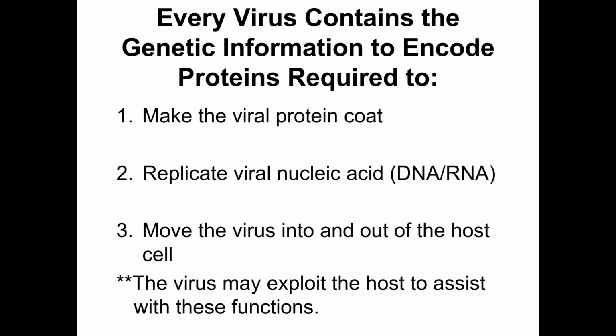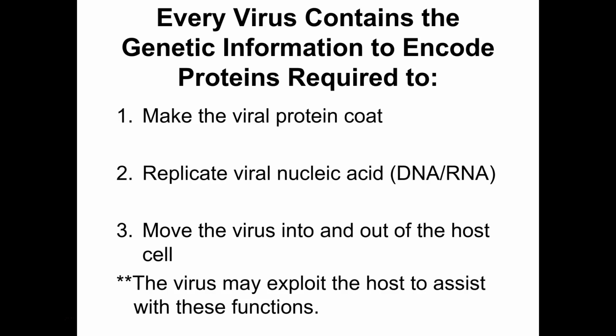And then the third thing that all viruses have in common, they have to have the means of getting in and out of a host cell. So, for instance, all viruses have spikes. Therefore, they all have genes for spikes. So, they all have these three things in common. They can make capsids, they have the means to replicate their genomes, and they have the means of getting in and out of host cells.